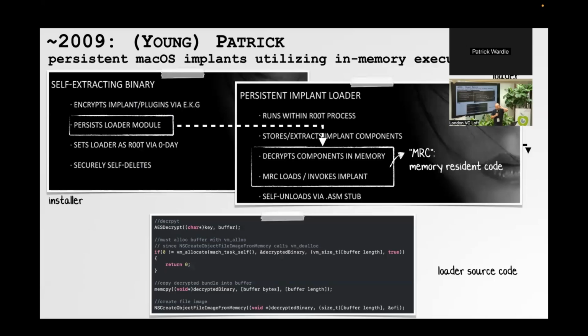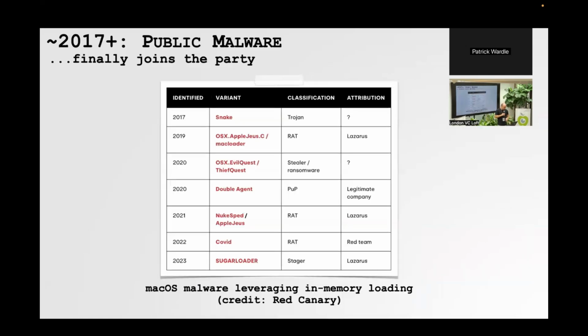Around that same time, I was dabbling in offensive macOS capabilities, and I created a utility tool, an implant that utilized the same approaches that Apple provided for in-memory code execution. Here's some of the loader source code. We will dive into some of the specifics as well. So this was in 2009.